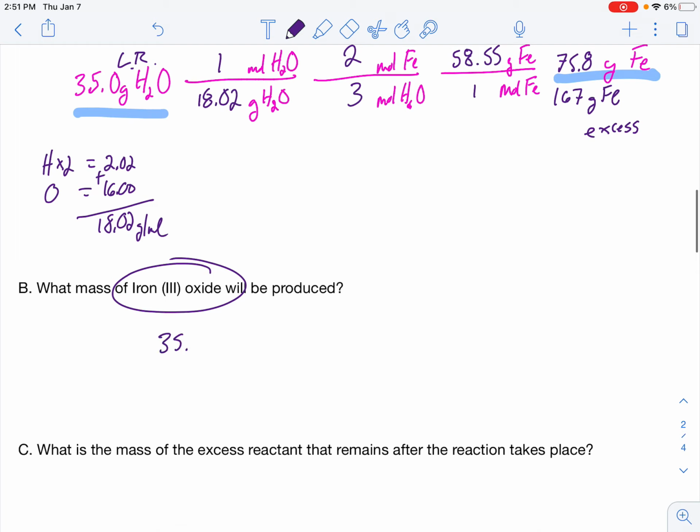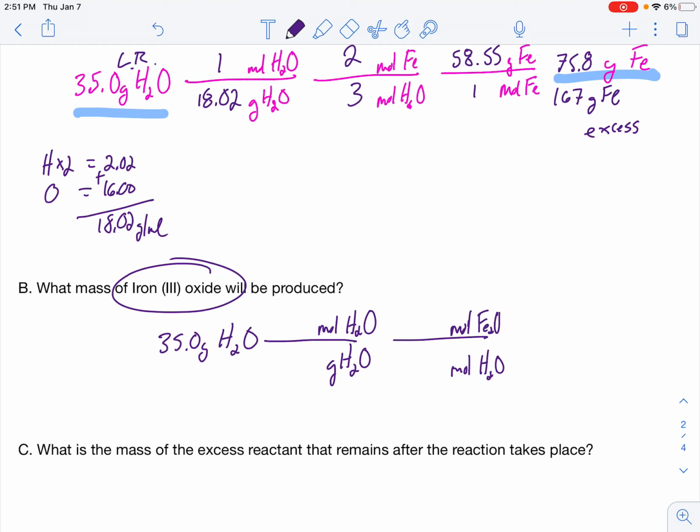So I'm going to start with my 35 grams of water. And it's asking for a mass of iron 3 oxide. So my first one will be a grams to moles conversion. My next one is going to be a moles of water to moles Fe2O3 conversion. And finally, I'm going to convert my moles of Fe2O3 to grams of Fe2O3, because that's what it's asking for, mass.